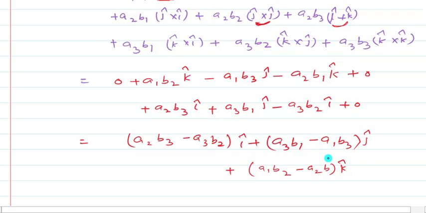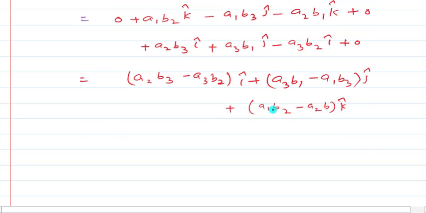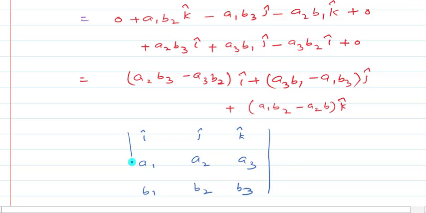This result implies that this is nothing but simply the solution of the determinant with i cap, j cap, k cap, then A1, A2, A3, B1, B2, B3. So this is equal to A cross B.